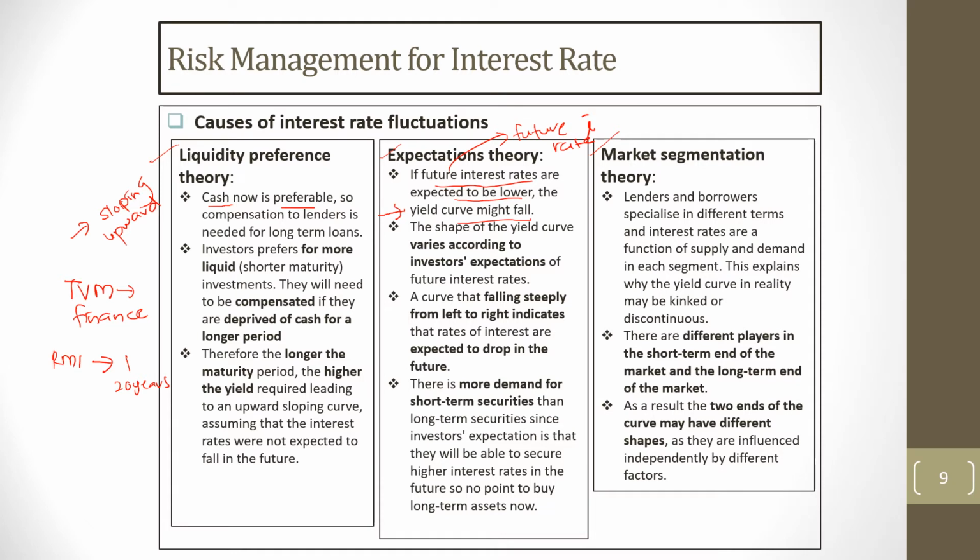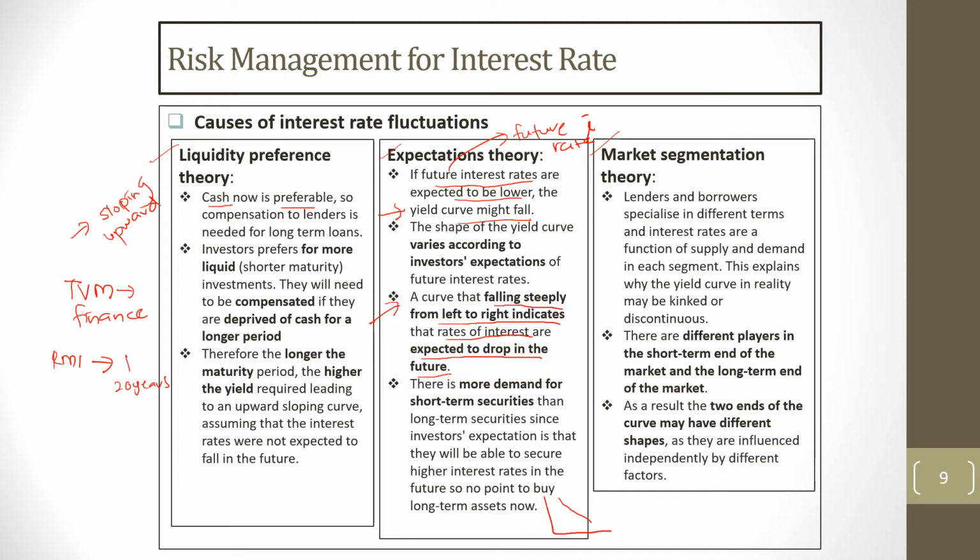In this case, kalau you tengok balik on your graph, dia punya graph tu jadi macam ni. So a curve, kalau kita baca dekat sini, a curve that falling steeply from left to right indicate that the rates of interest are expected to drop in the future. Itu yang dimaksudkan.